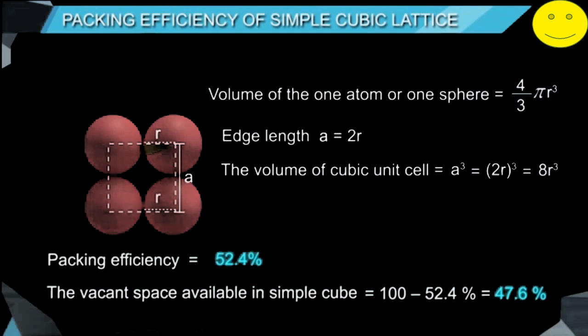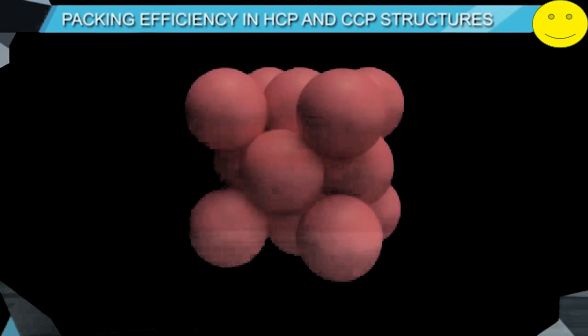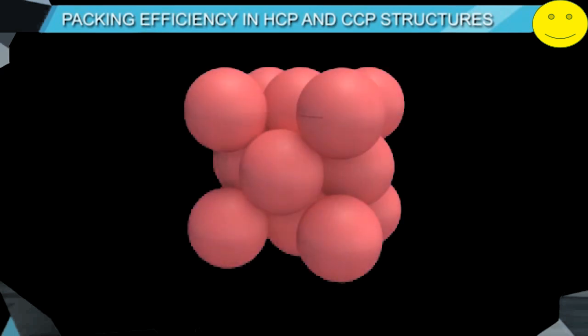So packing efficiency equal to 4 by 3 pi r cube divided by 8r cube multiplied by 100. We will get pi by 6 multiplied by 100, that is equal to 52.36%, and that is equal to 52.4%.